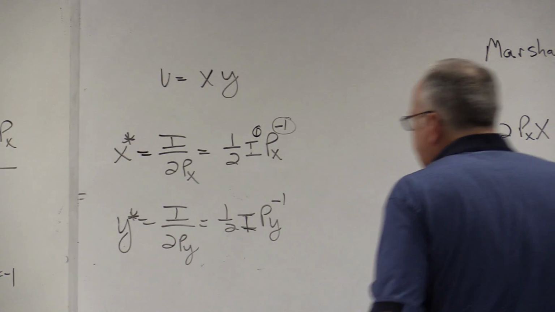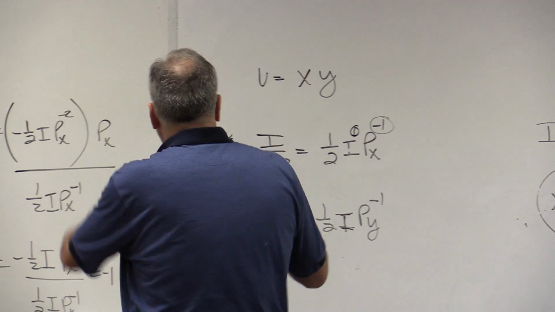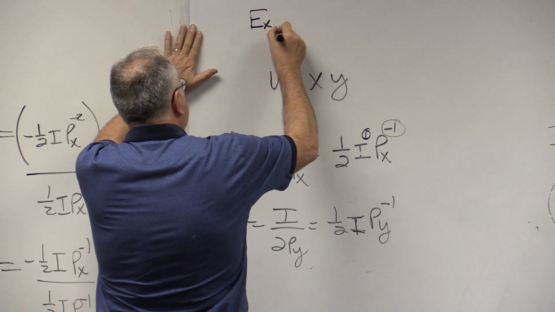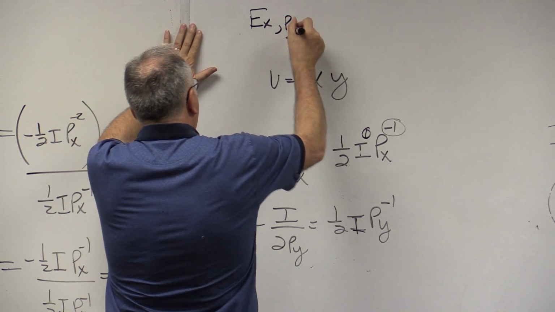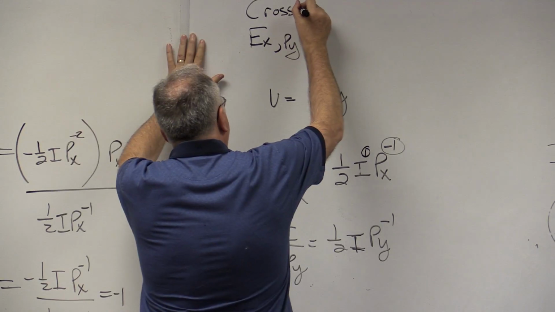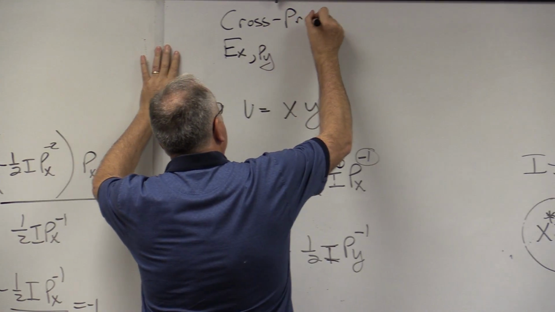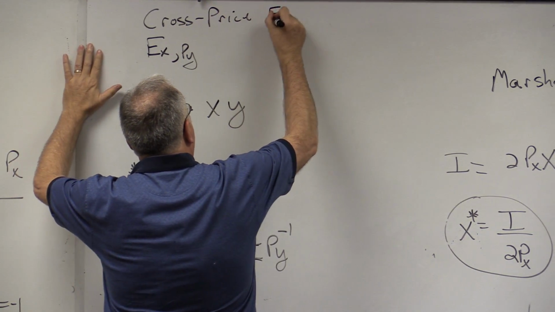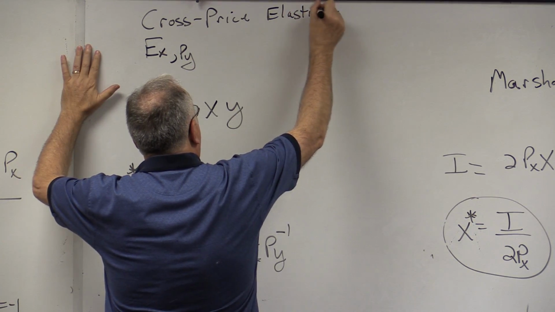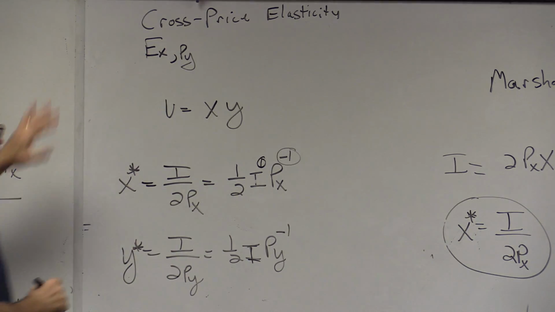Okay, and finally, what is the elasticity of good x with respect to the price of good y? Now, we would call this a cross-price elasticity.